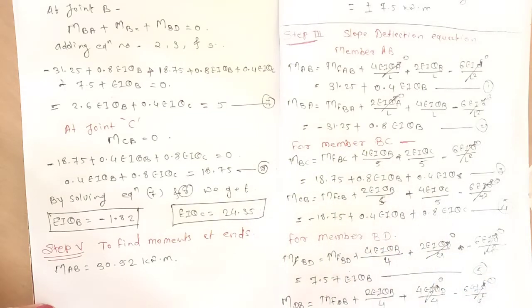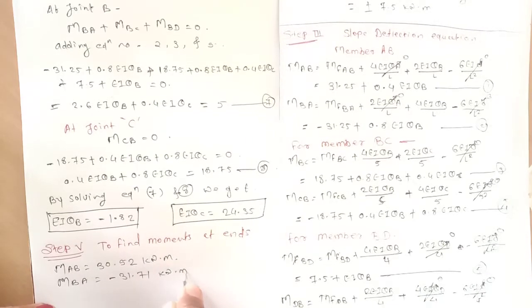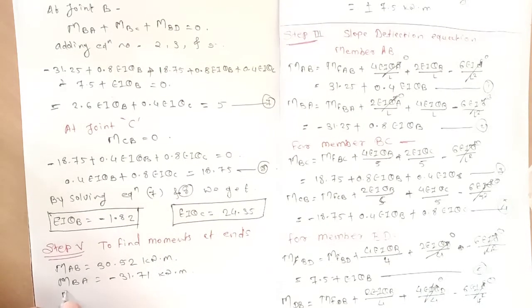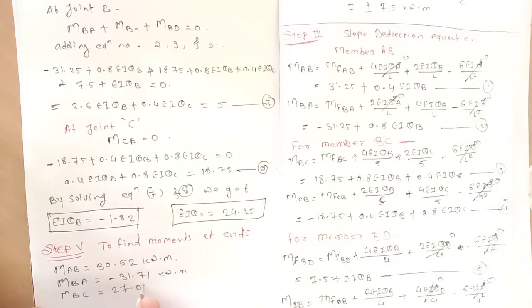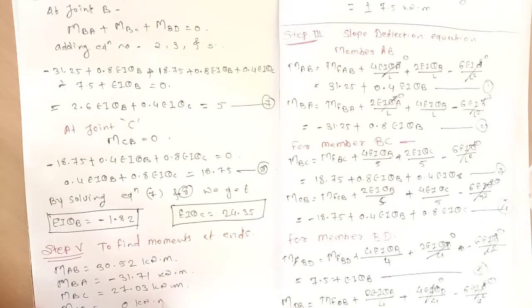Similarly for the BC member and BD member. So here end moment at member BA is equal to minus 31.71 kilonewton meter. Then end moment at member BC is equal to 27.03 kilonewton meter. Then CB is equal to 0 kilonewton meter.